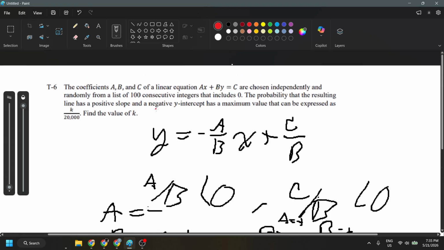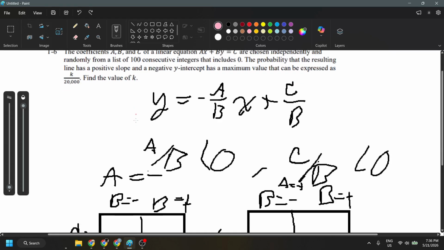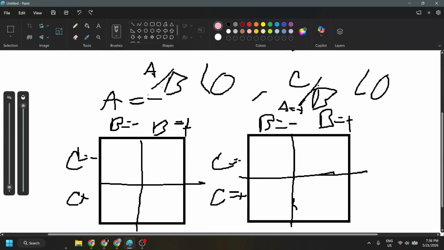It's like or. Negative y-intercept is a maximum. Okay, so a over b is less than 0, so these two can't be the same.